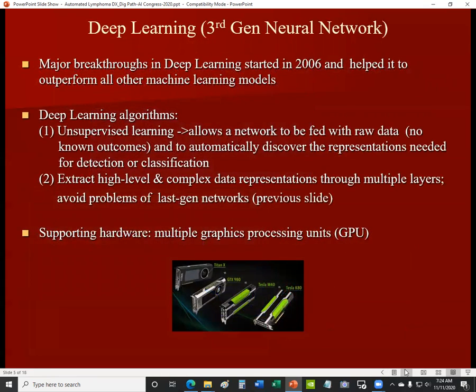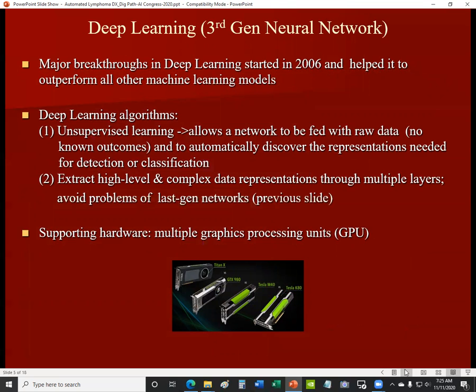Deep learning with third generation neural network is a major breakthrough in deep learning. It started in 2006 and helped it to outperform all the other machine learning models. Deep learning algorithm is based on unsupervised learning.